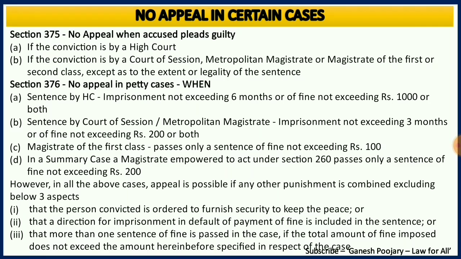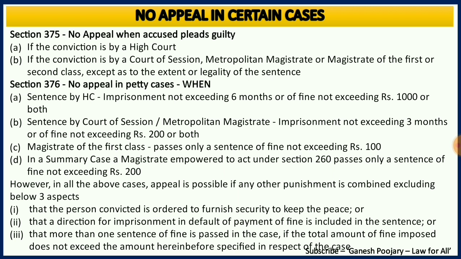Then come section 375 and 376 which discuss no appeal in certain cases. That means you cannot have appeal in all the cases. There are certain cases where you cannot make appeal also. What are they? Section 375 says no appeal when accused pleads guilty. Here the accused himself pleads guilty, and if such conviction has happened in High Court, then there is no appeal.